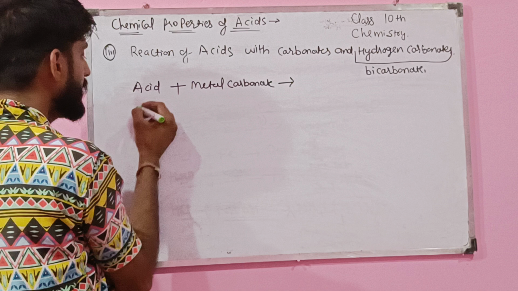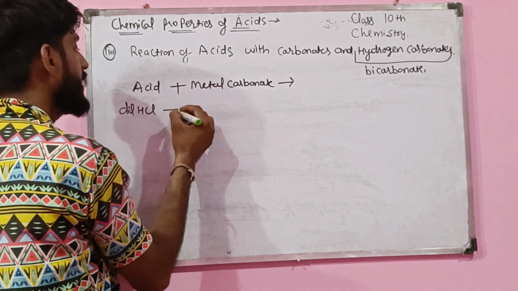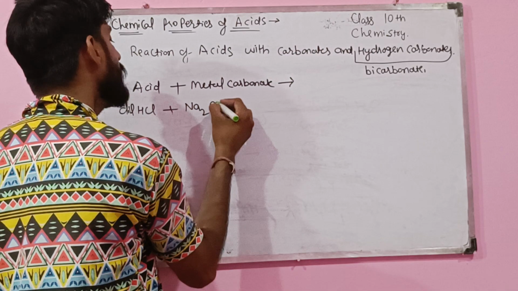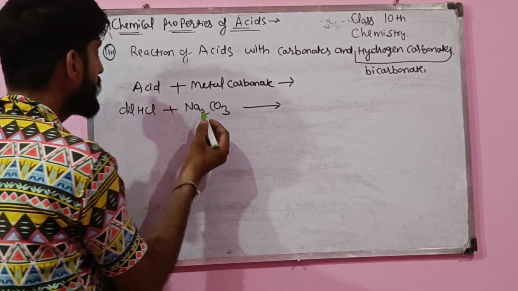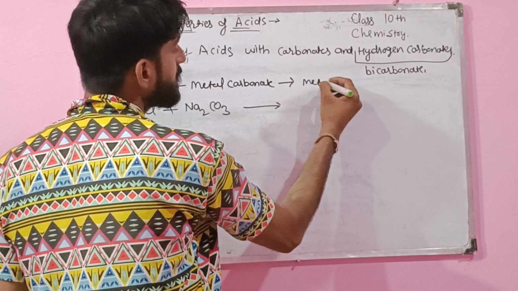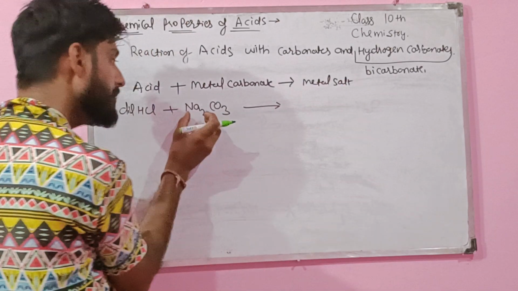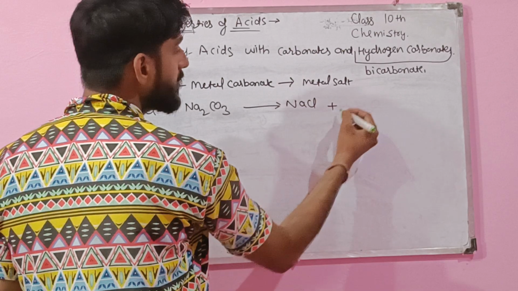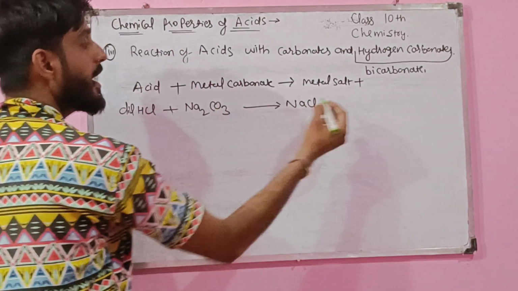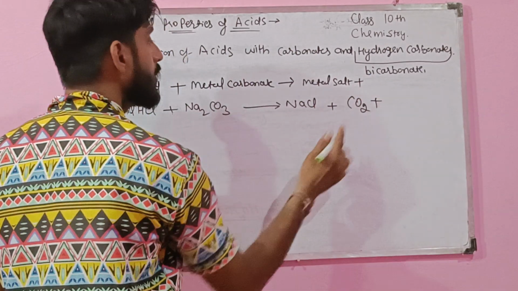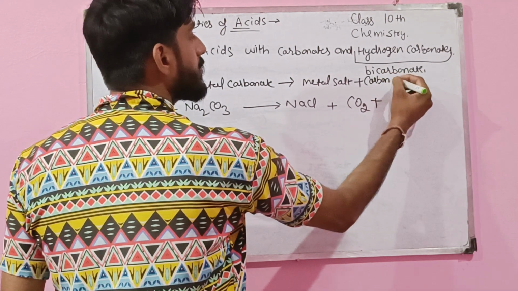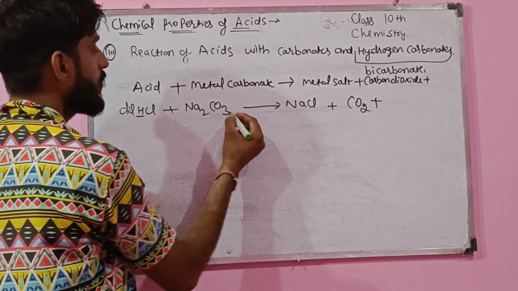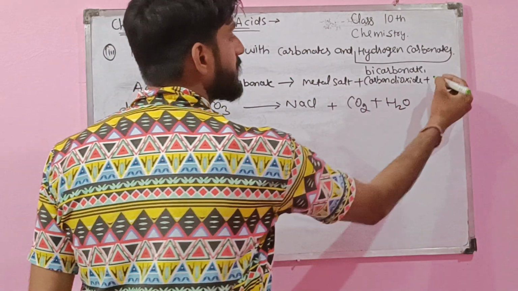For example, if we take dilute HCl and in place of metal carbonate we take sodium carbonate, Na2CO3, then the formation of metal salt, here sodium chloride, takes place, with carbon dioxide, CO2, and water.